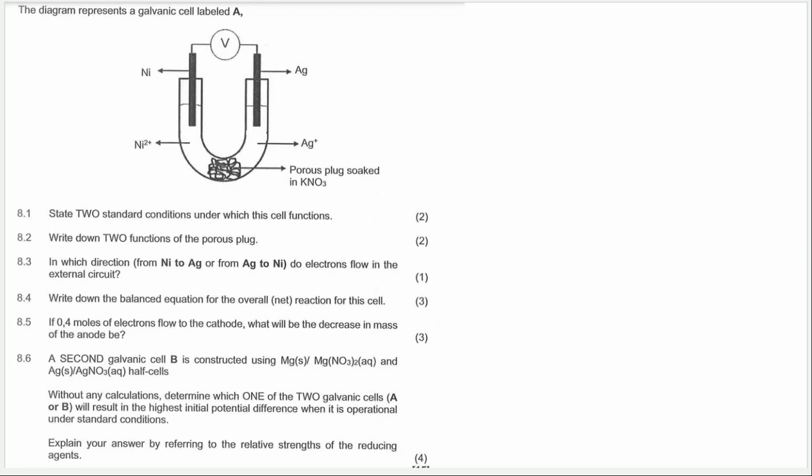So before you start answering the questions, it's best to identify the anode and cathode of this cell so that you can be able to write the overall cell equation, or you can even do the cell notation.